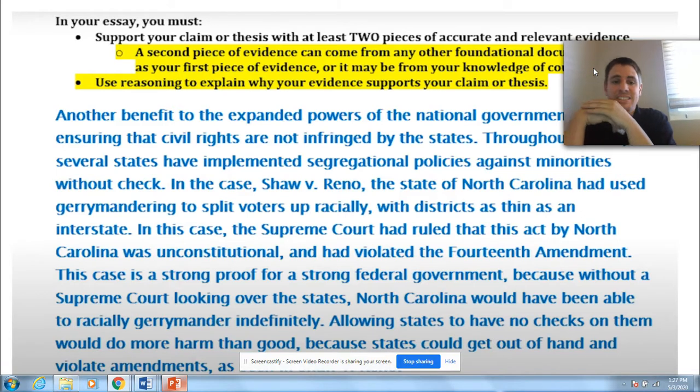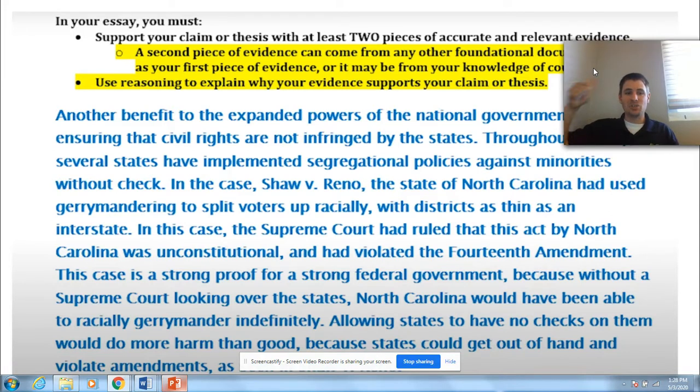In this case, now they're going to describe it. The Supreme Court had ruled that this act by North Carolina was unconstitutional and violated the 14th Amendment. They described it. They've explained in connection to civil rights how states have infringed upon people's liberties. Now, here is the because. Here is the explanation. And I would have this sentence structure: this document is proof that my thesis is right.